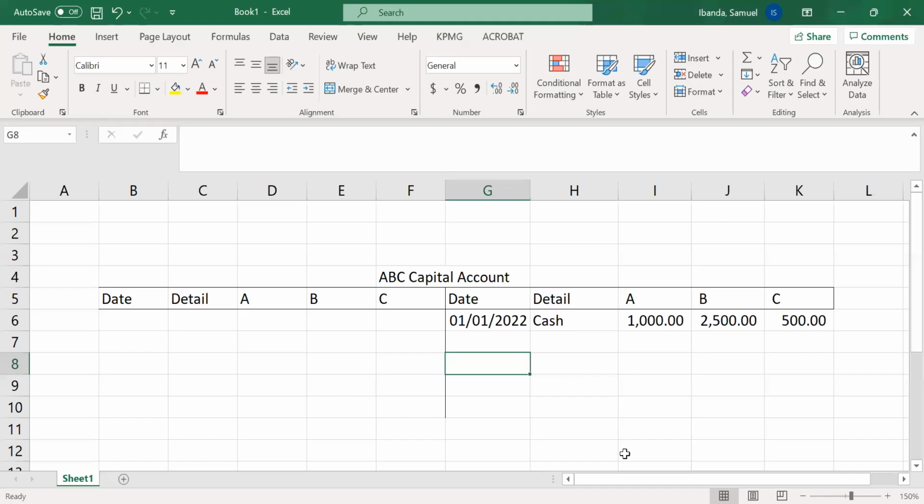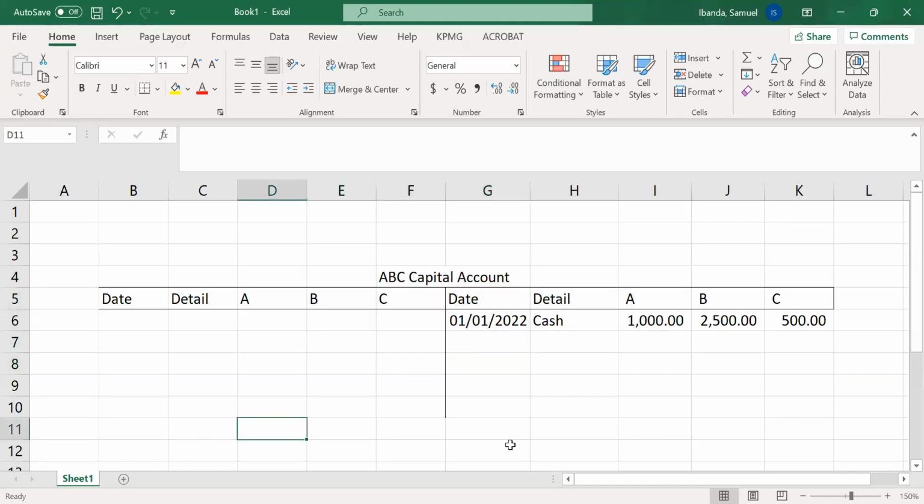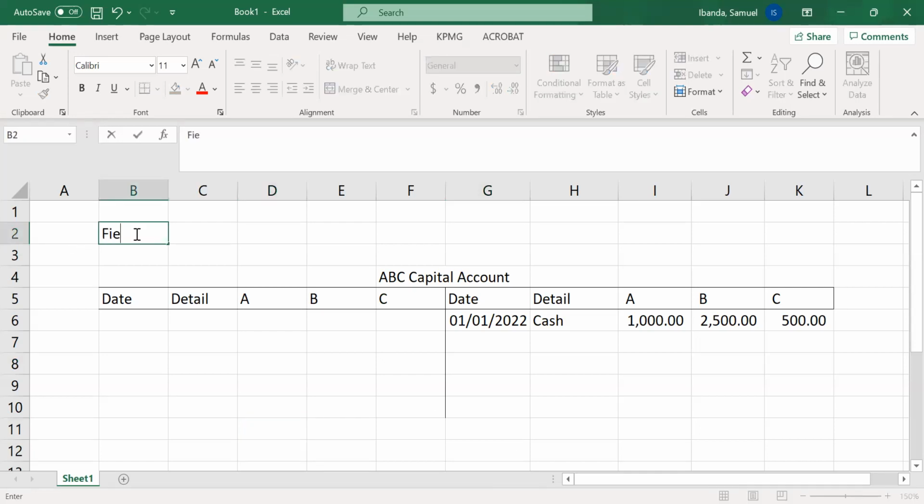Okay, so we usually have the capital account, and then we also usually have the current account. That is if we have what we call a fixed capital account. So like I said, we have a fixed capital account, and you can note that down. And then we also have a floating capital account.